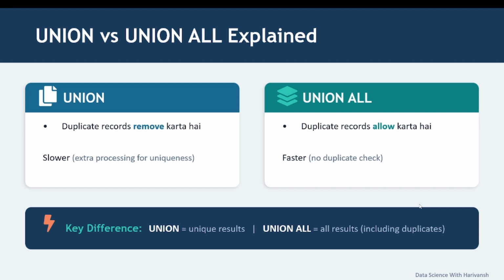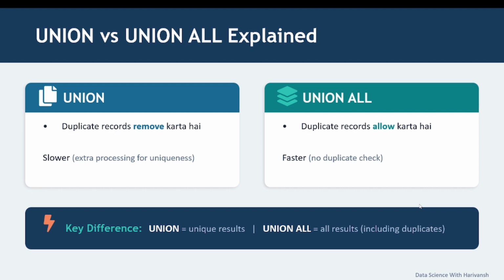Let's start with union. When you use union to combine two queries, SQL takes all the rows returned by both queries and then performs an additional step. It scans through the combined results and automatically removes any duplicate rows, ensuring that every row in the final output is unique.